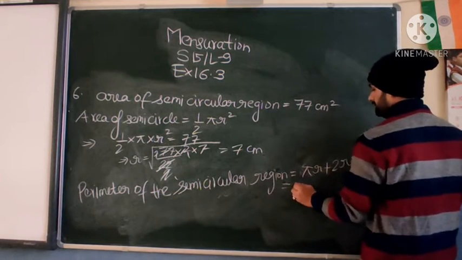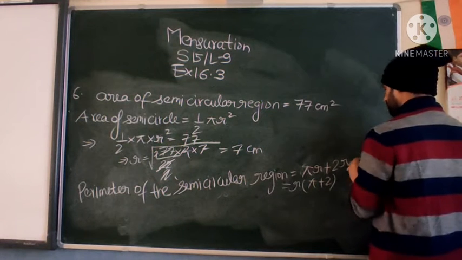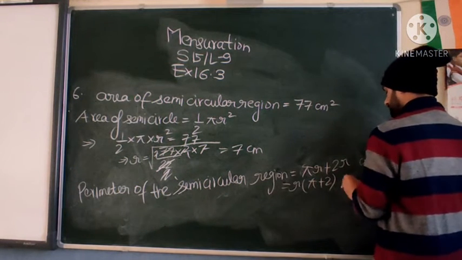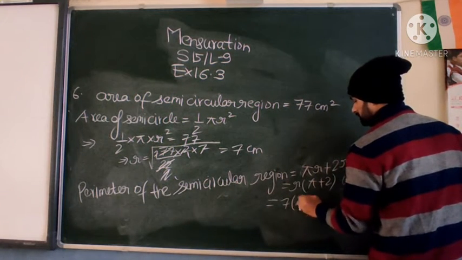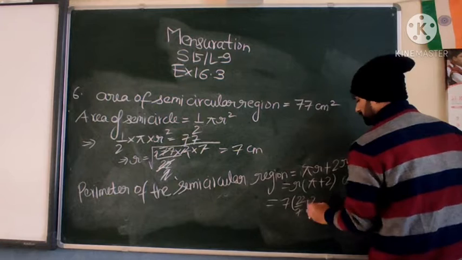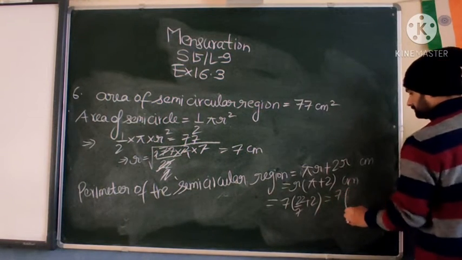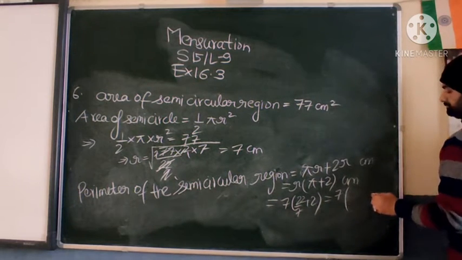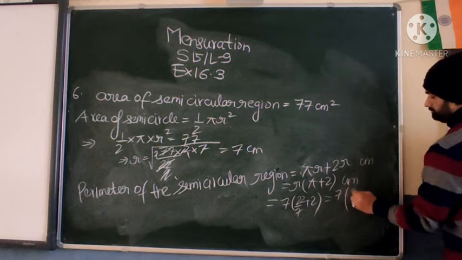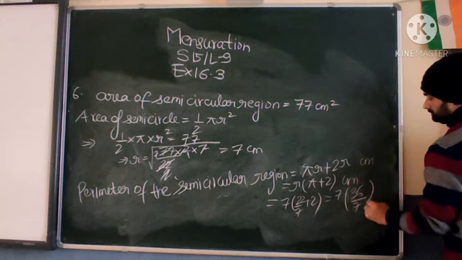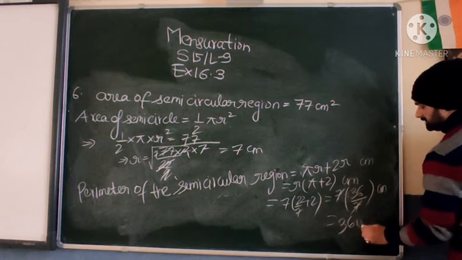That means r into pi plus 2 centimeter. That means 7 into 22 by 7 plus 2. This implies that the sum is 22 plus 14, that is 36 centimeter.